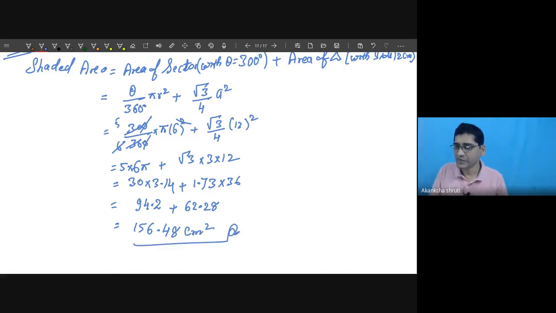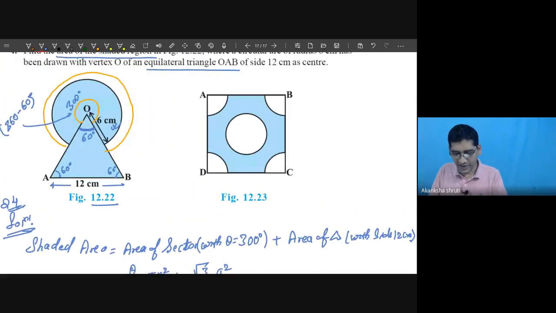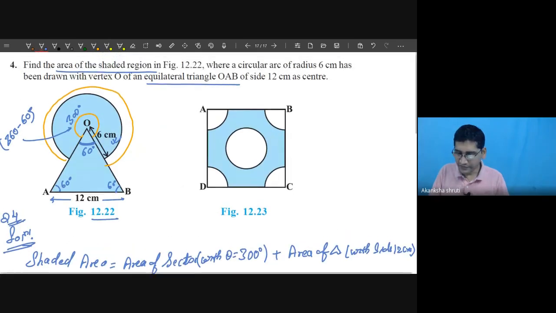Okay, student. So questions are very easy. Just you have to rewrite this in terms of known area. Yeah, for this, what will be the answer, student? Shaded area is equal to how much?